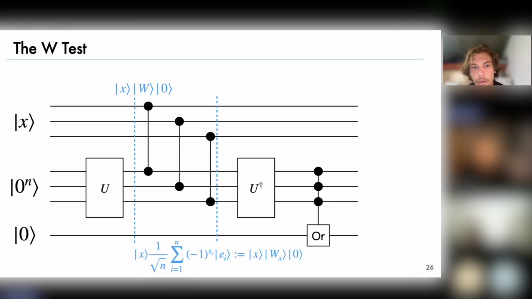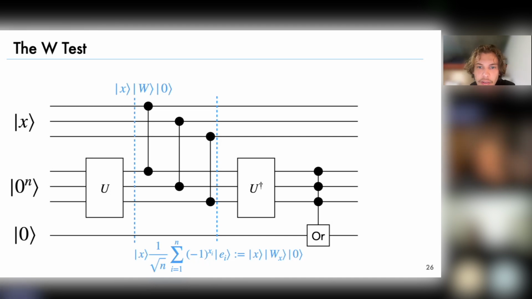Then we're going to apply a controlled Z gate between the first qubit of X and the first qubit of this W state, and then the second qubit of X and the second qubit of this W state, and so on. We're going to do this for every bit of input. What's going to happen is we're going to add a phase to the ith component of this W state, or this e_i basis state, according to whether or not x_i was set to 1.